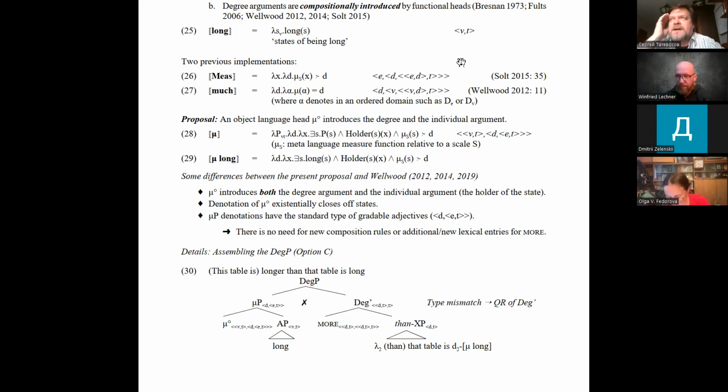For example, I think it's not so good to say a more smart than handsome person, right? That sounds bad. But it improves if we say a person or the person more smart than handsome.